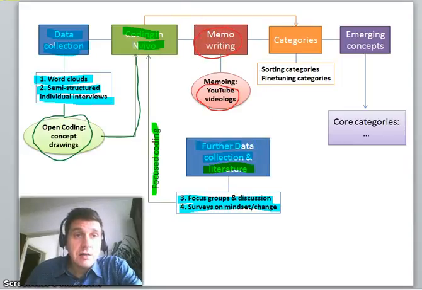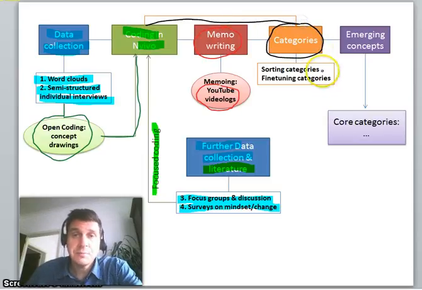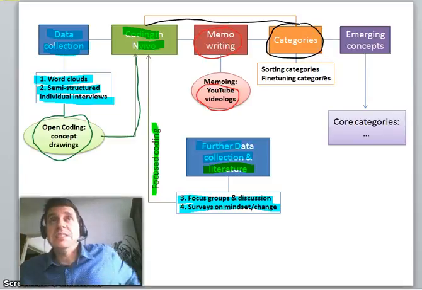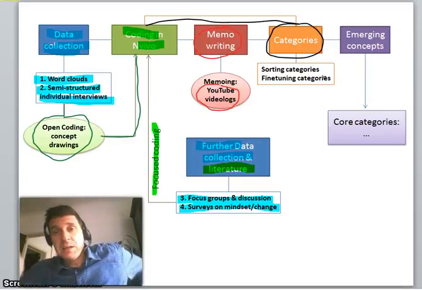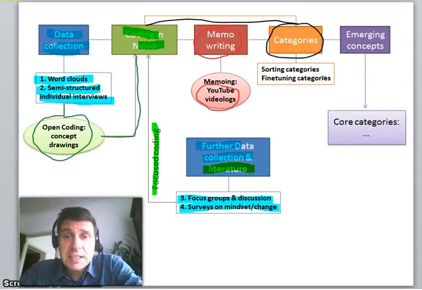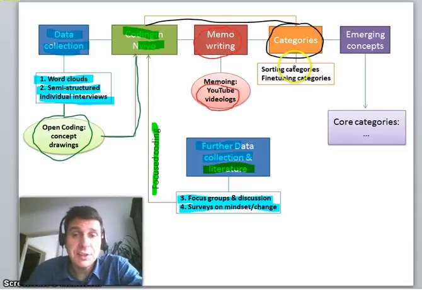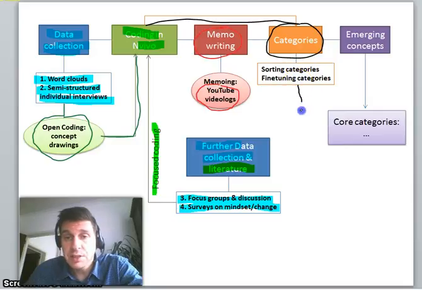The coding in NVivo has then led to a number of emerging categories. This has been done in a couple of phases. I had firstly some versions of emerging categories, and those categories were sorted and fine-tuned together with the tutor and the focus group discussion.